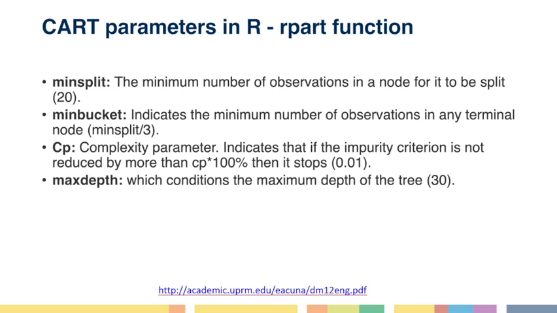What this means is that if there's a partition that has no more information in relative terms, then the tree will stop growing at that point. And finally, there's this parameter called maxdepth that also limits the possible number of nodes that can be created. By default, it has 30. So the maximum depth of the tree would be this value that we set.